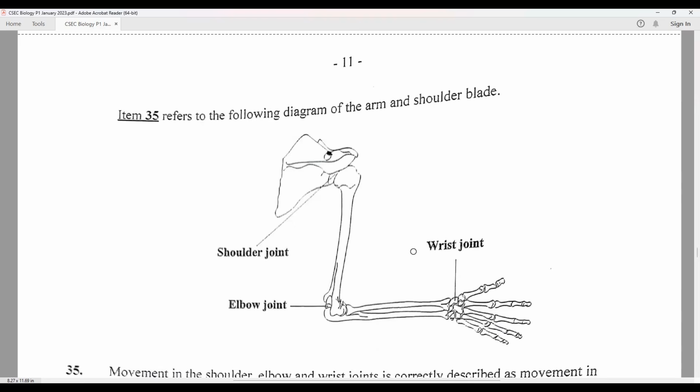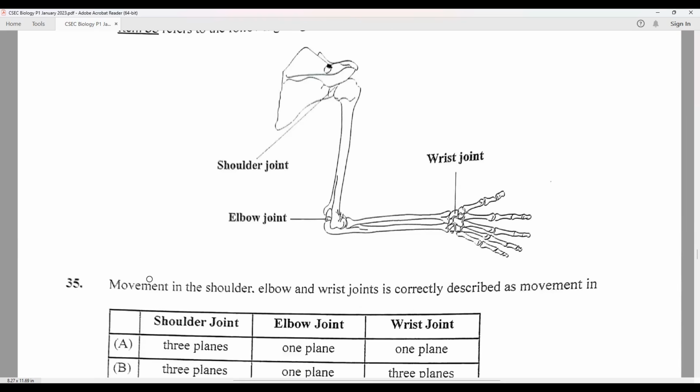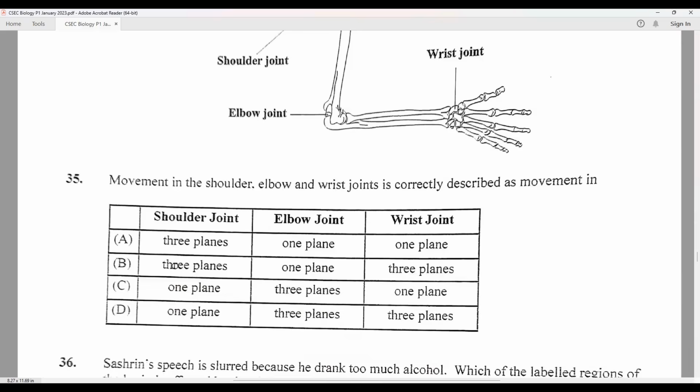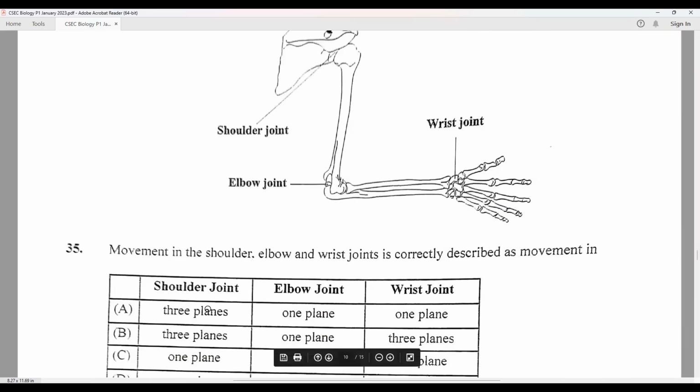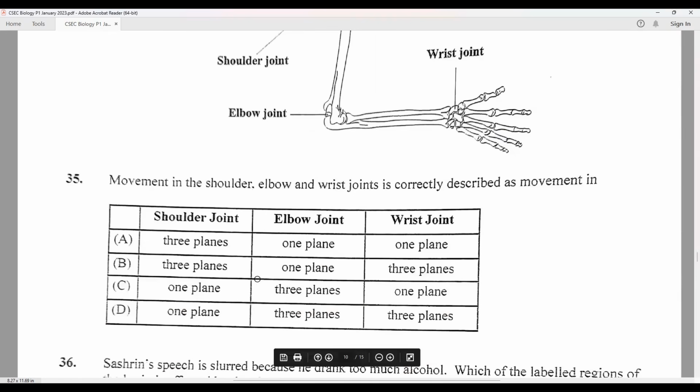Item 35 refers to the following diagram of the arm and shoulder blade. Movement in the shoulder, elbow, and wrist joints is correctly described as movements in the shoulder. They have 3 planes. The elbow, you have 1 plane because it's just a straight line.